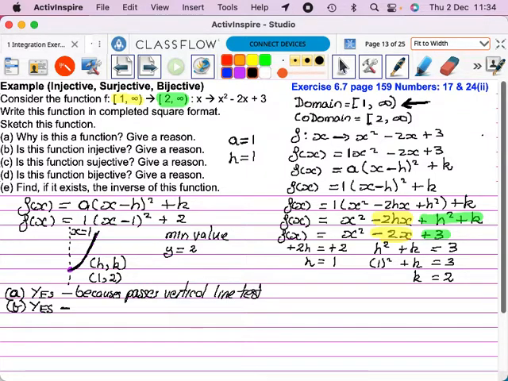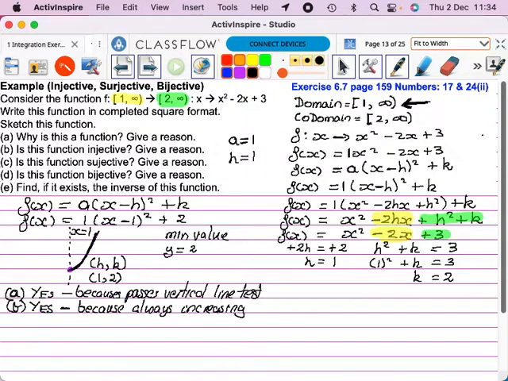And if it's purely an increasing function, it's injective. So it's yes, and the answer is why: because it's always increasing. So don't forget the definition, always increasing or always decreasing, i.e. no turning points. And you could have said that, no turning points.